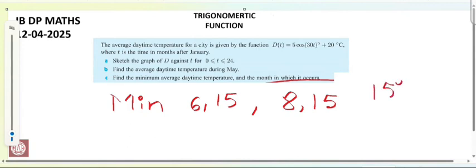Now, what are these months? We got T as 6 and T as 18. What months do these represent? I told you that T1 represents February. So what will be T6 and T18?